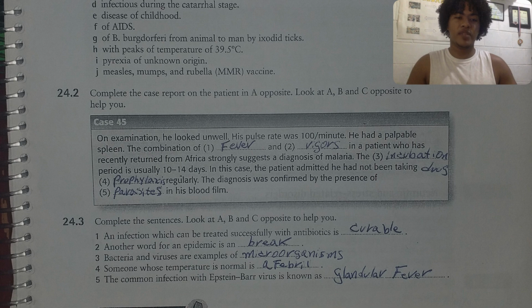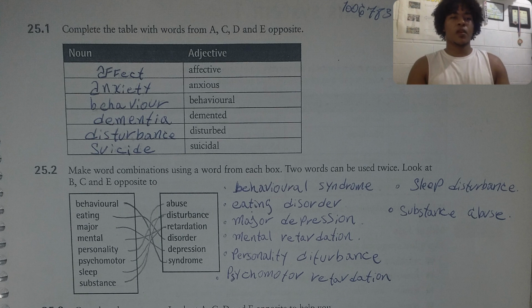Bacteria and viruses are examples of microorganisms. Number 4. Someone whose temperature is normal is afebrile. Number 5. The common infection with Epstein-Barr virus is known as glandular fever.